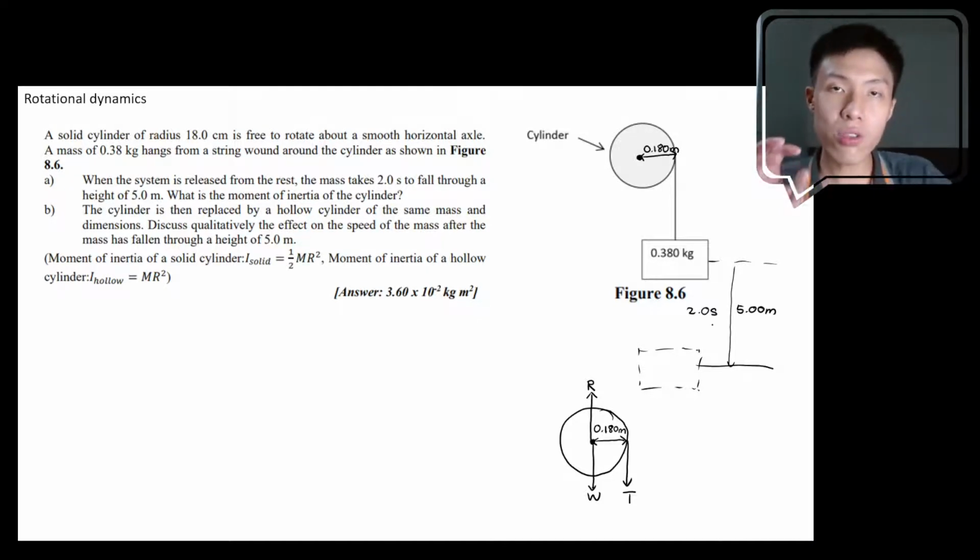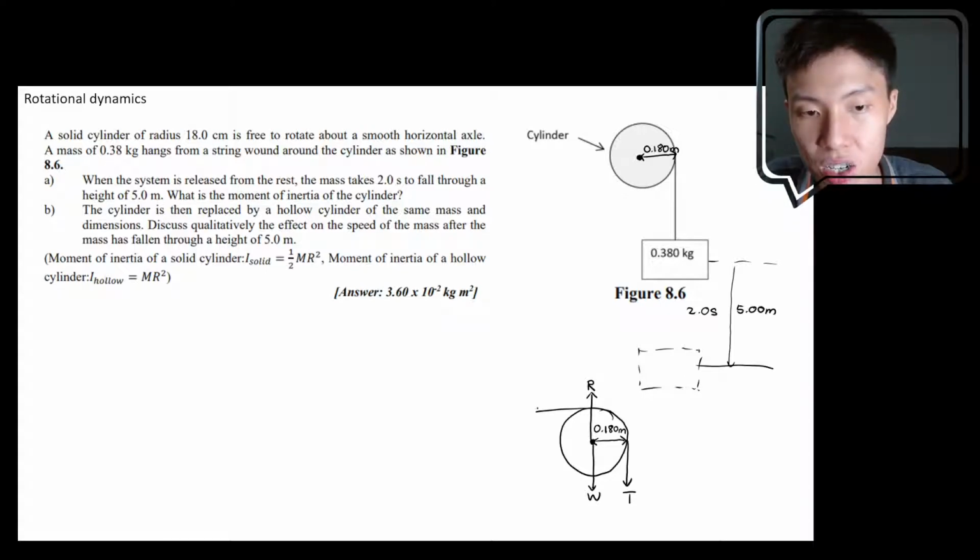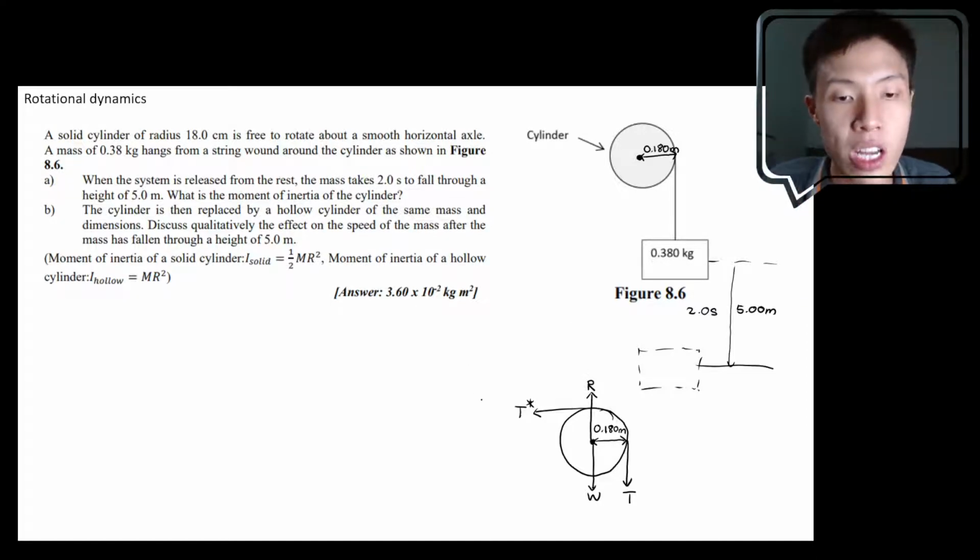Okay, now I would like to talk about a hypothetical situation, not this situation. So let's say today you have a tension which is pulling in this direction also. I'll call this star because it's hypothetical, just a what-if situation. So what if you have a tension pointing in this direction, then where should your reaction force be pointing towards?